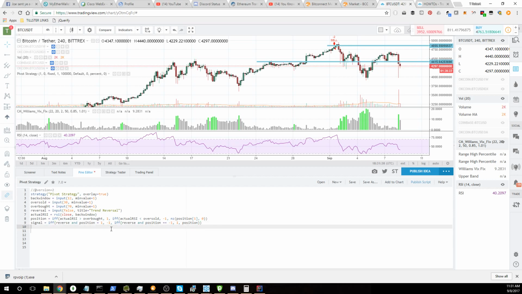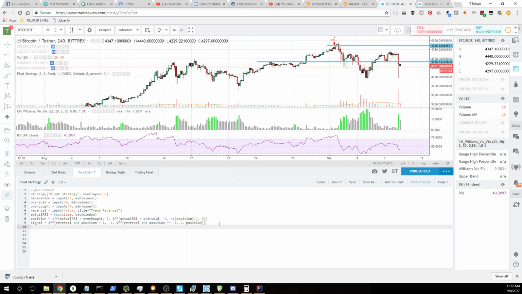If we're in a buy position already, we'll stay in a buy position. If we're in a sell position already, we will stay in a sell position. And upon moving above and then moving below, got to use the actual keyword here, then we will signal.